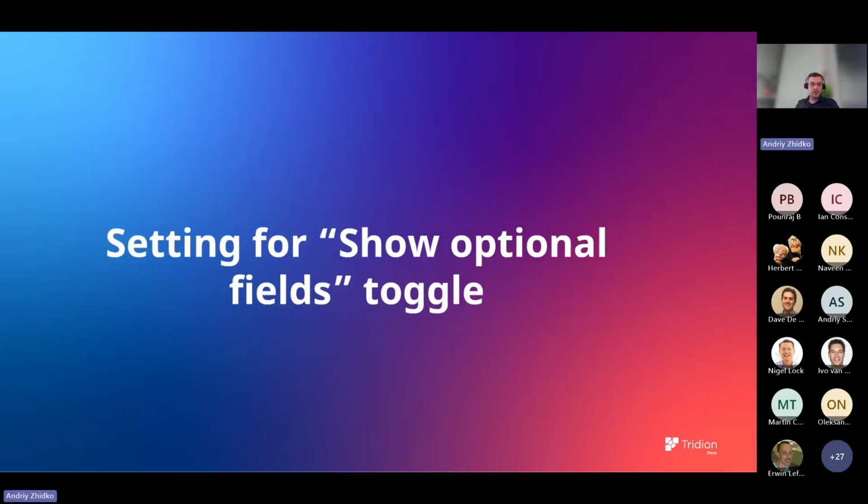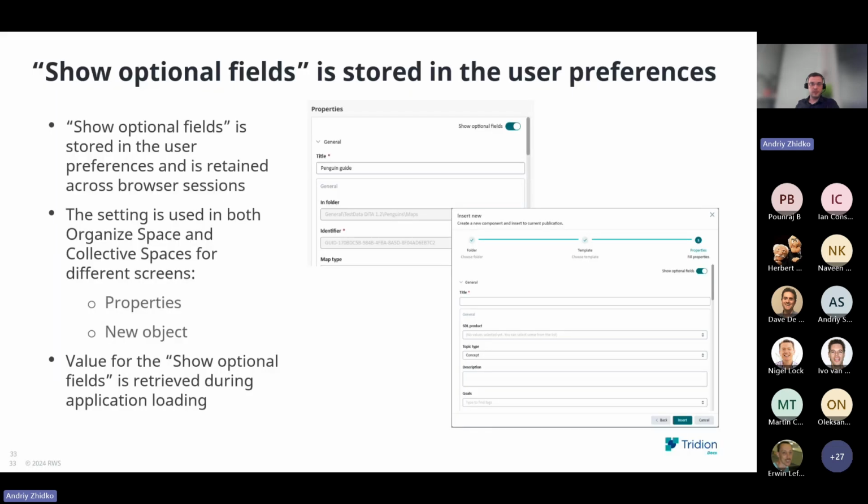Let's also talk about the show optional fields toggle, the setting for that. Show optional fields allows you to see all the metadata fields that are configured for a selected object. Some customers have a process in place where they must set certain optional fields as mandatory, and they must use them.